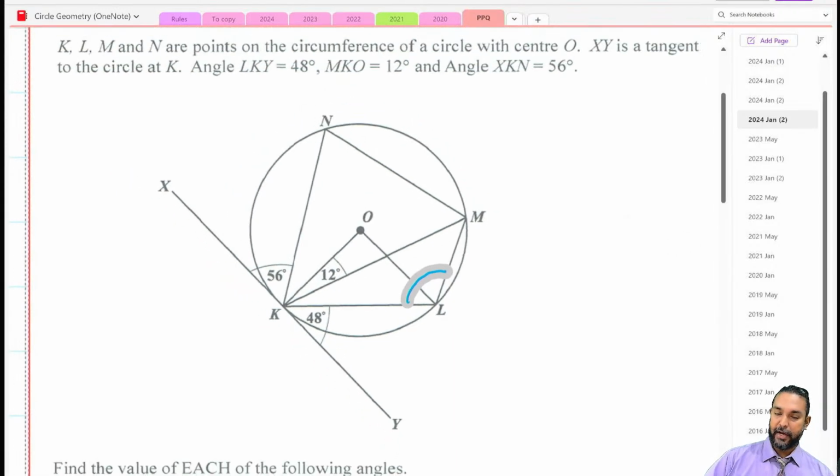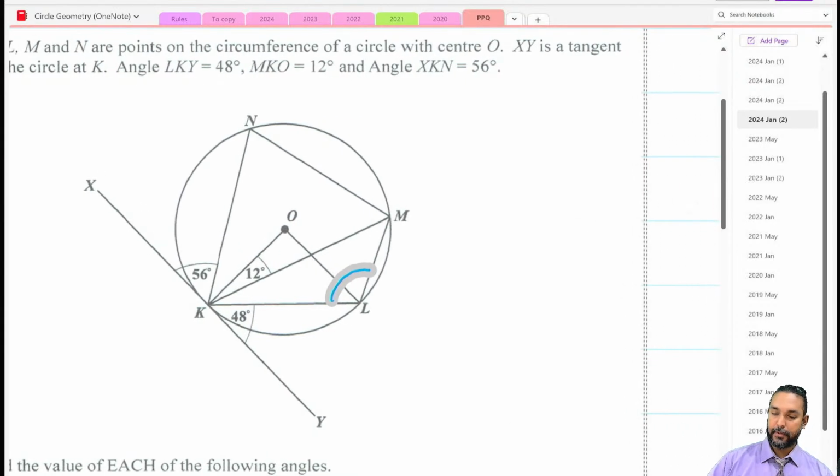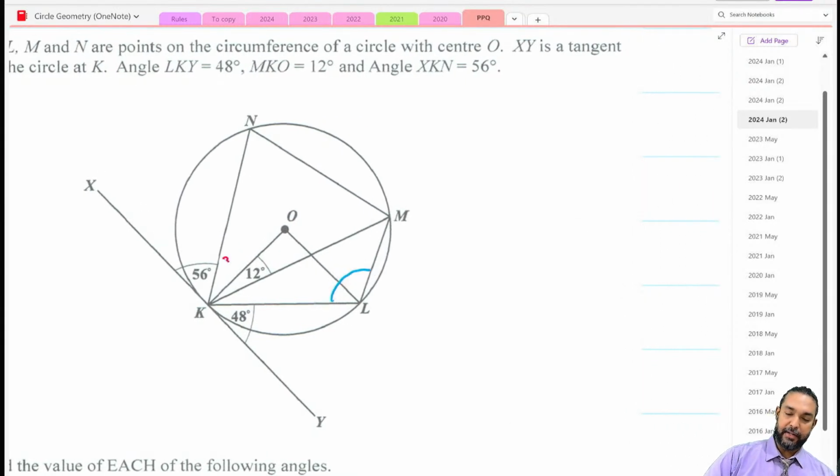Sorry, I have to zoom out a little bit. So we know that this angle here is 34 degrees. This angle here is 30 because the whole thing is 42. And if this piece is 12, we need 30 more to make up the whole 42. We also know this angle here.